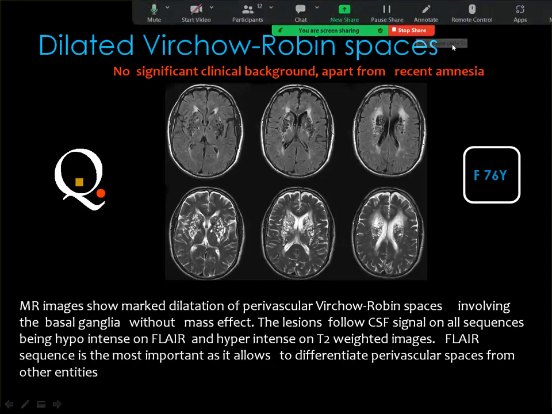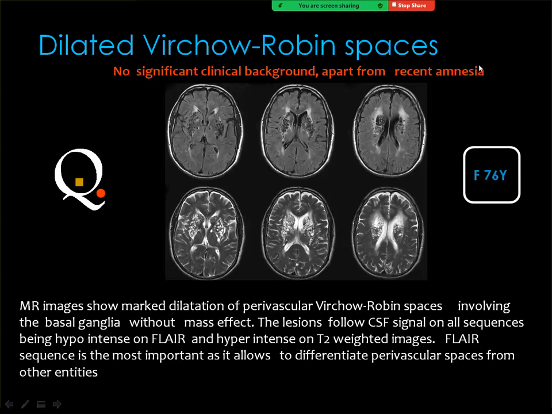Virchow-Robin spaces. In these Virchow-Robin spaces, here they are more prominent and more numerous, but this is expected in some of the patients, and this should not be misdiagnosed as infarctions or as MS plaques, for example, if the patient is young.